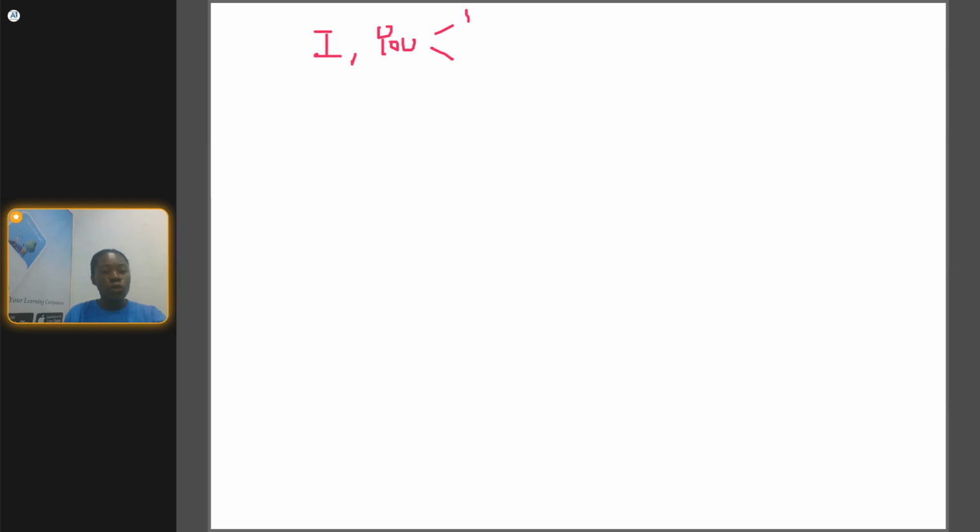You can also be used for more than one person. But in this case, when you is used as singular for one person, or I, of course, which is also singular, they take the plural verb.